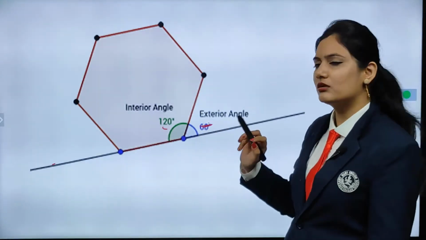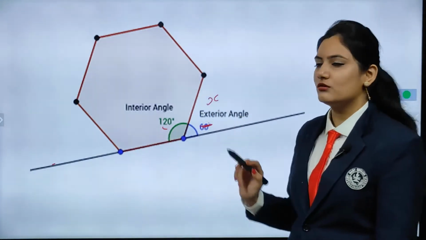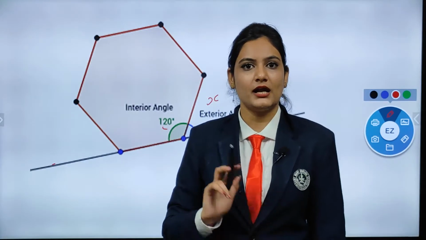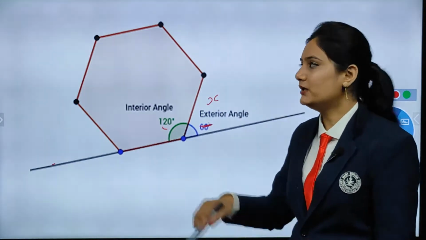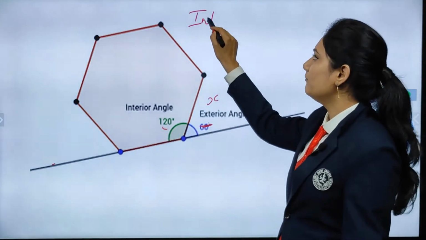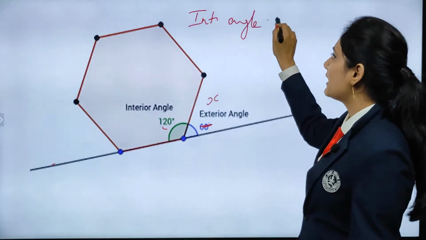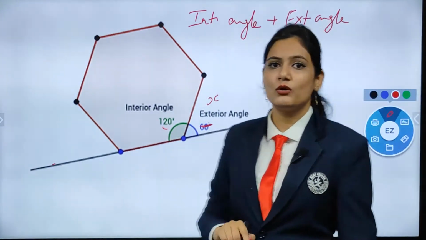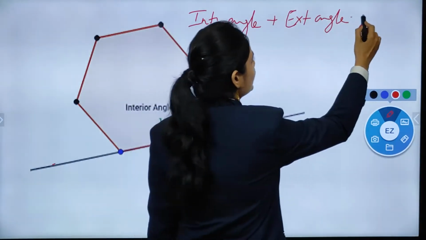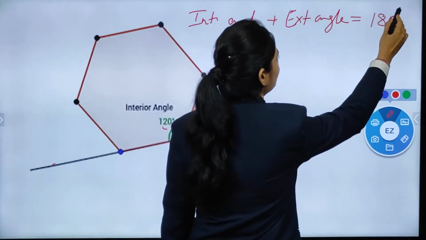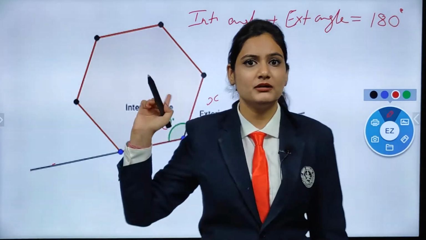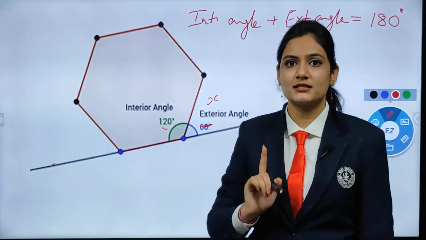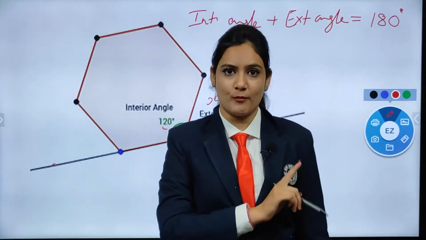Let's suppose this is not given, it is x. So when you add interior angle and exterior angle, it is equal to 180 degree, as it will form a linear pair. Remember this, because in the next exercise we are going to use this formula.